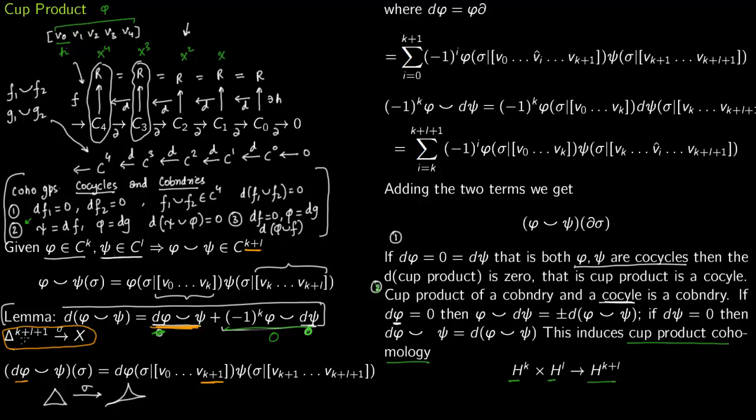Now it is k plus l plus 1, and the first k plus 1 vertices are here. So here we had k vertices, here we are taking k plus 1 vertices. That is the only change. I'm just following Hatcher. You could have just put k here, but I think it helps in thinking later on in the proof. So this plus 1 doesn't do much harm.